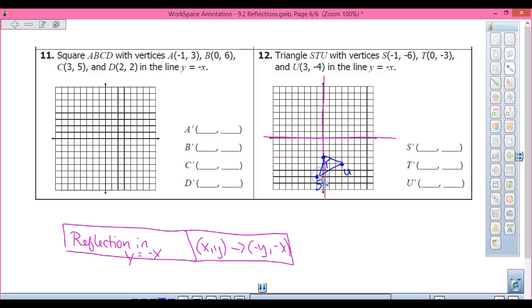Alright, so we have SU. Y equals -x is the same thing, goes through the origin, except for this time it has a negative slope. So it's that line this time.